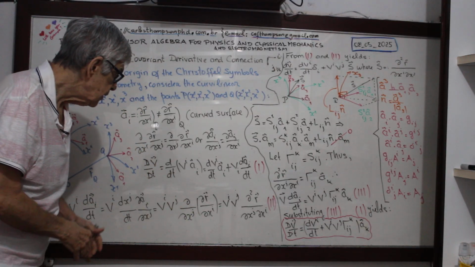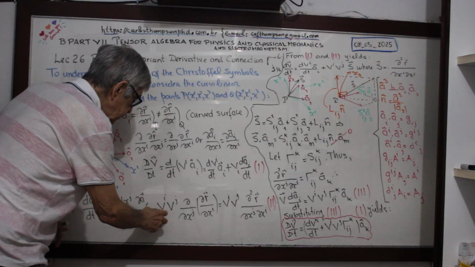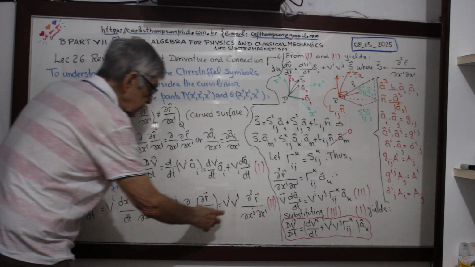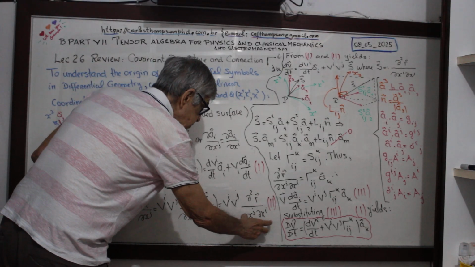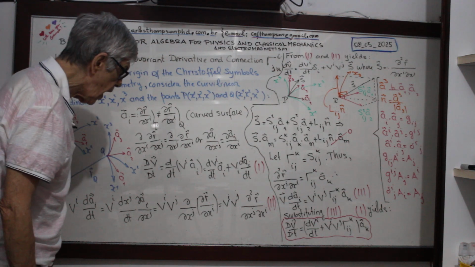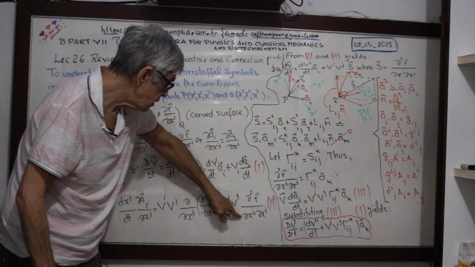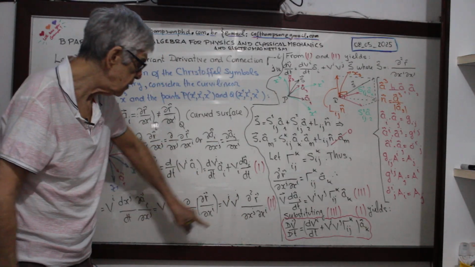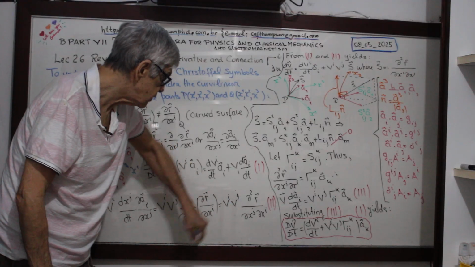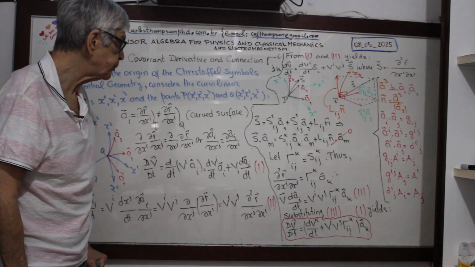You see, now you have v^i v^j and the second derivative of the position vector r with respect to x^j and x^i. Attention, i and j here are dummy indices. That's important just for you to see. Now, this I call relation 2.